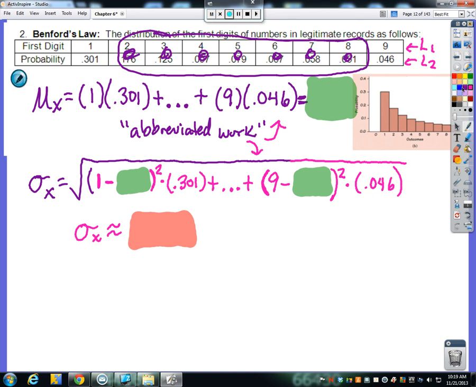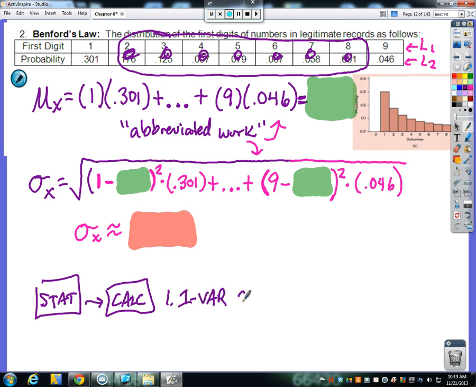So in your calculator, you need to hit the Stat button, go over to Calc, and we're going to do number 1. We've done this before. We've used this command anyway. 1 variable stats. Now, here's where things are going to be a little different depending on what type of calculator you have.